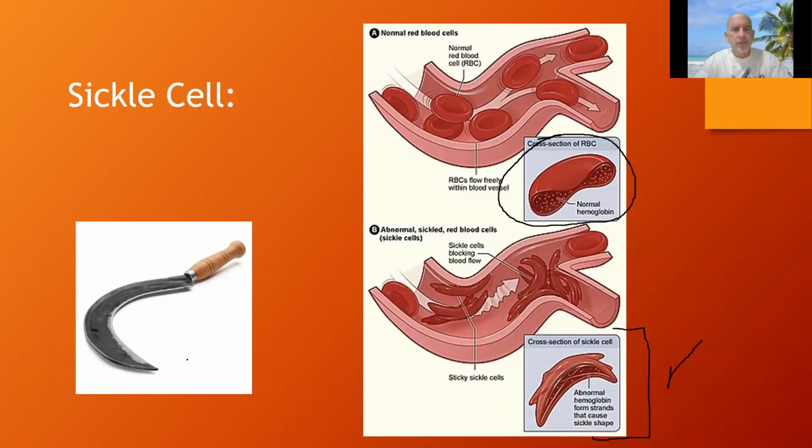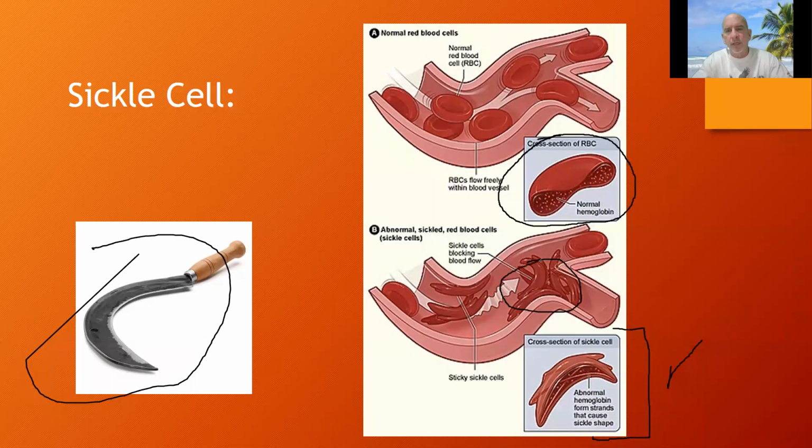The reason they call it sickle cell is because the red blood cell looks like a sickle. It gets deformed. Not only is it not carrying oxygen properly, but because of its weird shape, it plugs up blood vessels and clots the veins. This is extremely, extremely painful. I have had a couple of sickle cell patients, and I'll give them 5-10 milligrams of morphine, and it doesn't touch the pain.